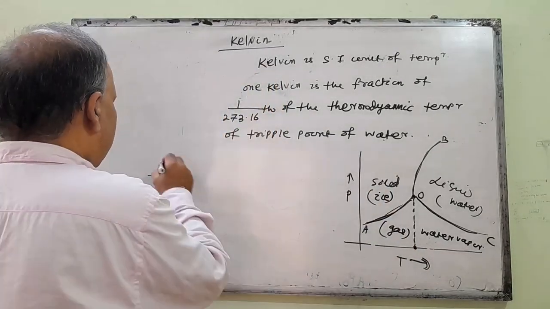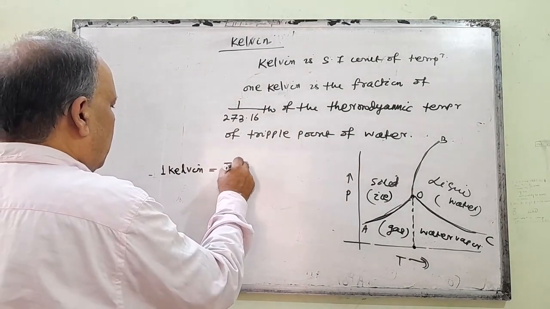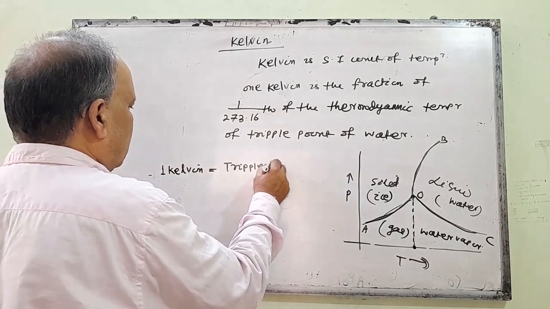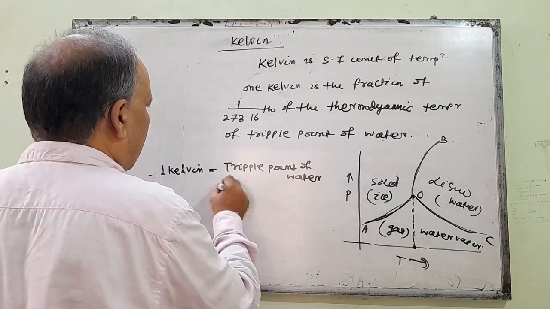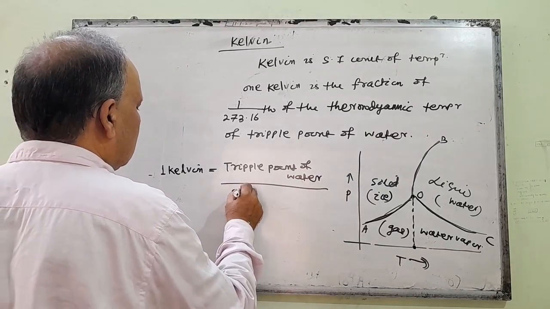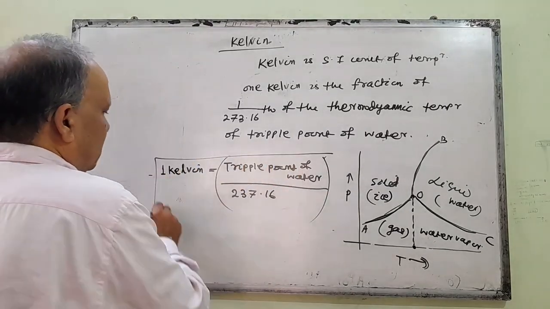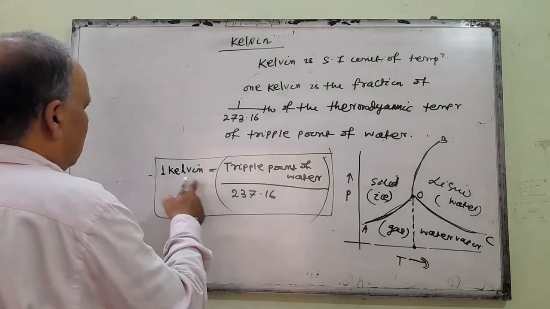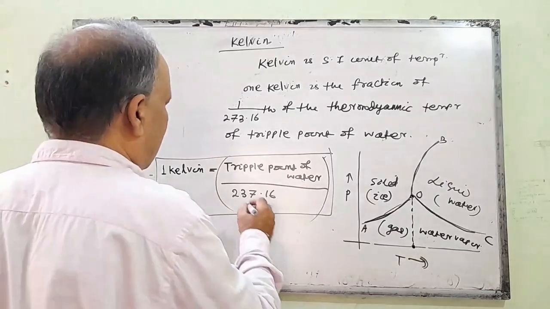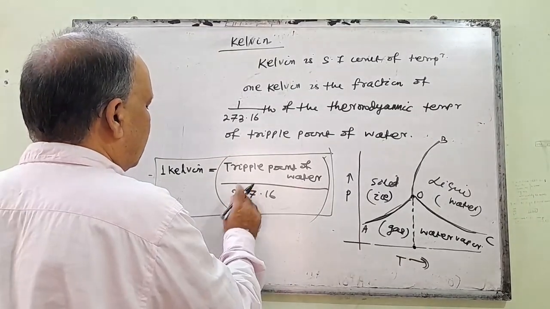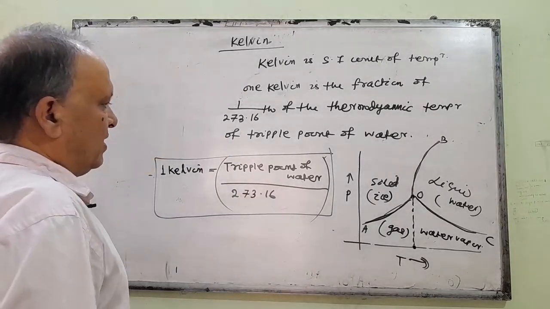So 1 Kelvin is equal to what? Triple point of water divided by 273.16. This is 1 Kelvin. You remember, if anybody asks you what is 1 Kelvin, 1 Kelvin is equal to the triple point of water in the thermodynamic scale divided by 273.16.